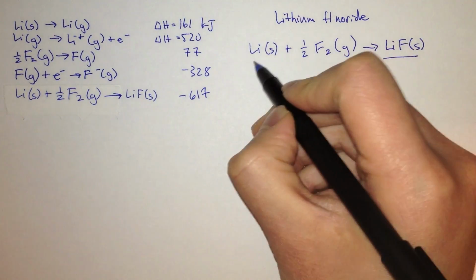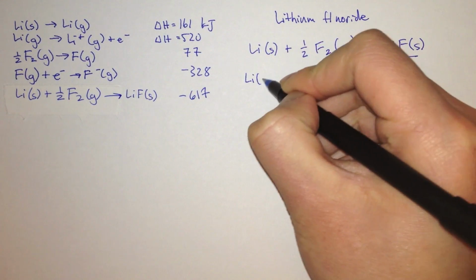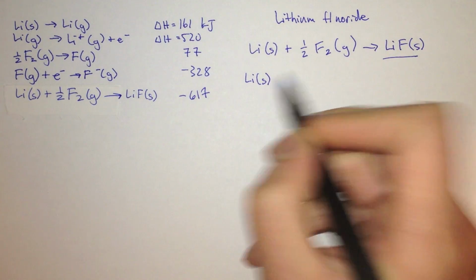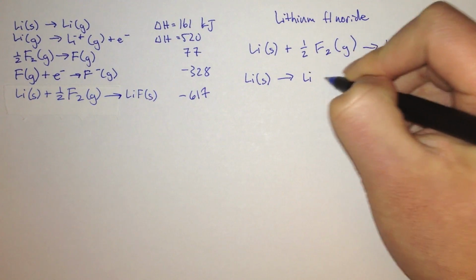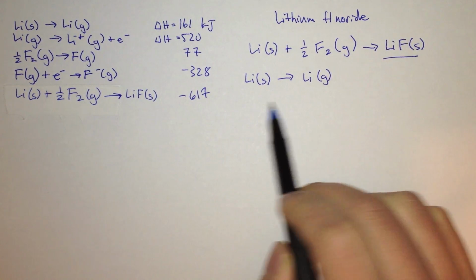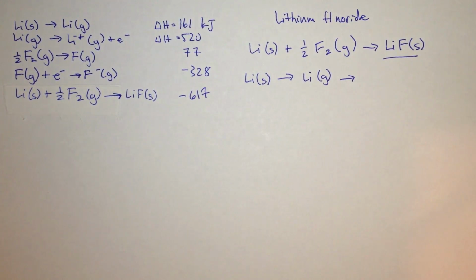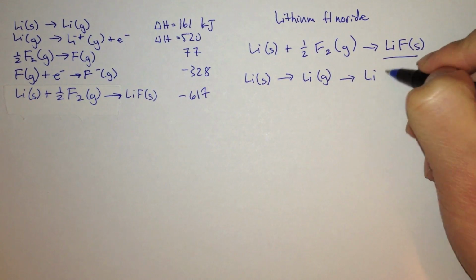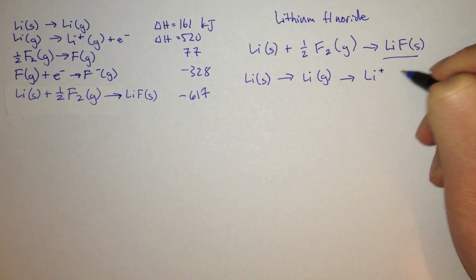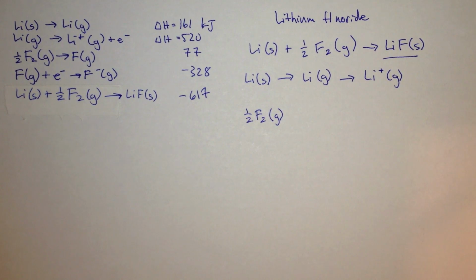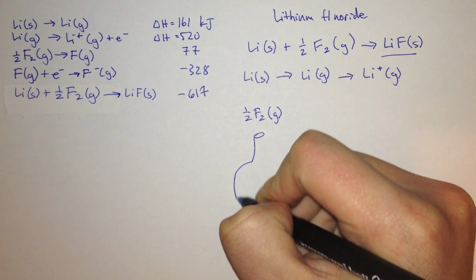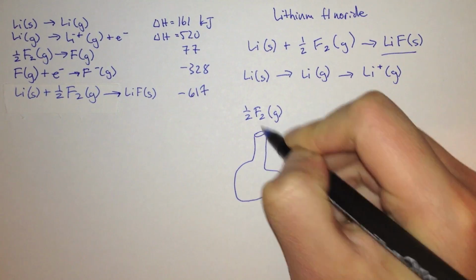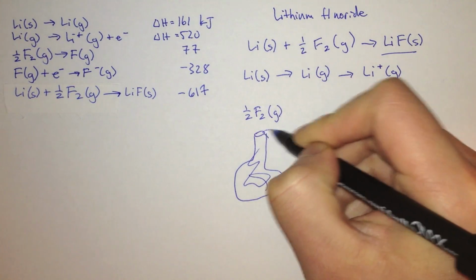So let's get started. First, we take lithium, and it's a solid right now, and it needs to be an ionized gas. So we evaporate the lithium, and then we need to take away its electron. So we need to give it a positive charge. Fluorine comes to us as a gas. It's at room temperature, it's a gas. It comes in bottles, and it's really bad for you.